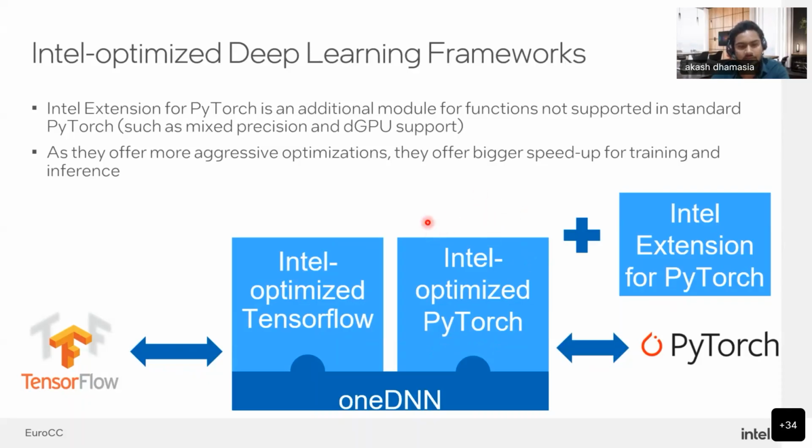The new optimizations sometimes don't go into PyTorch quickly, but using Intel Extension for PyTorch, which is another package, you can bypass that delay and directly get all the optimizations which you get in TensorFlow. So this is one thing which you need to take care of.